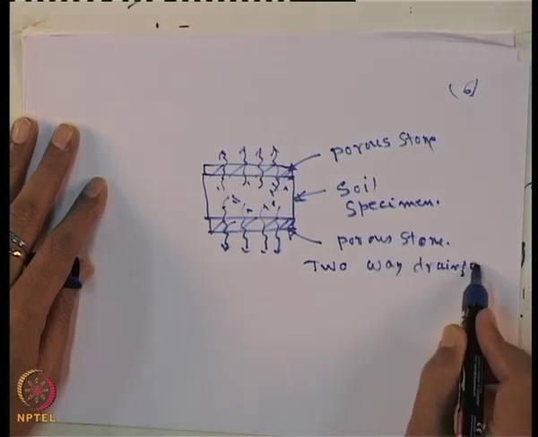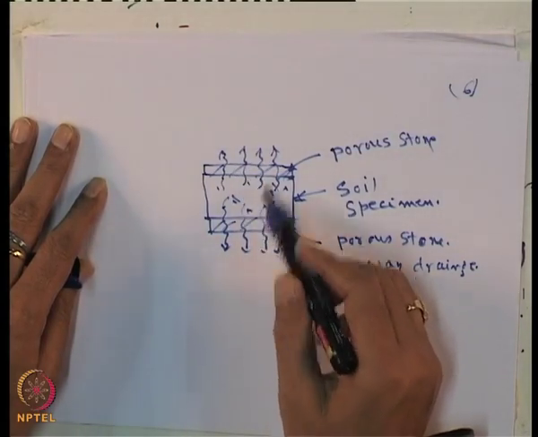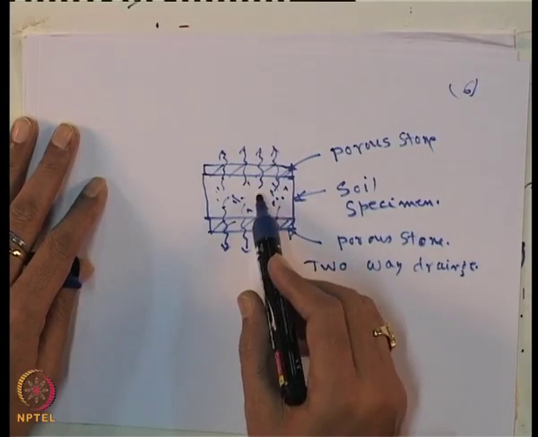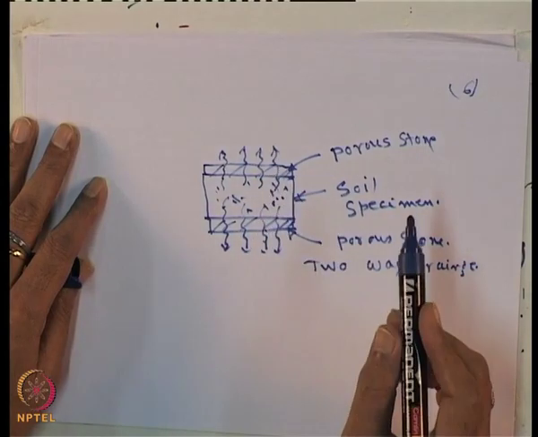When you apply the load, there will be dissipation of excess pore water pressure from the sample. When you keep the porous stone at the top and the bottom, that means it is a both way drainage.